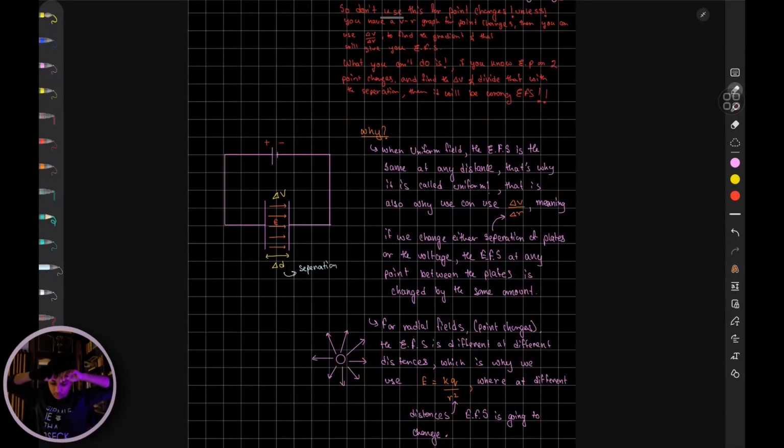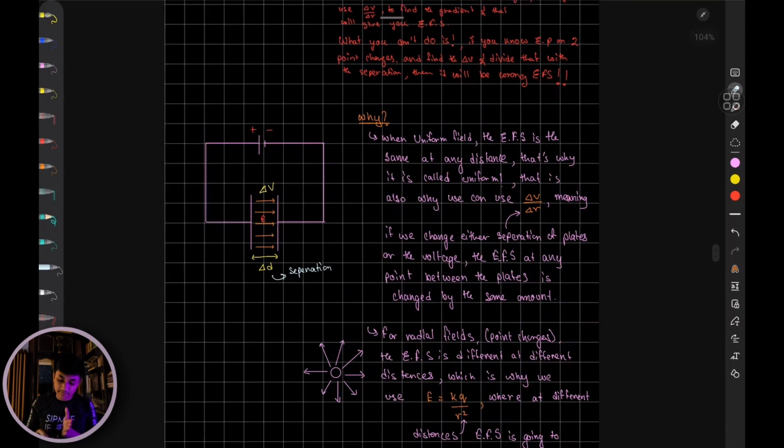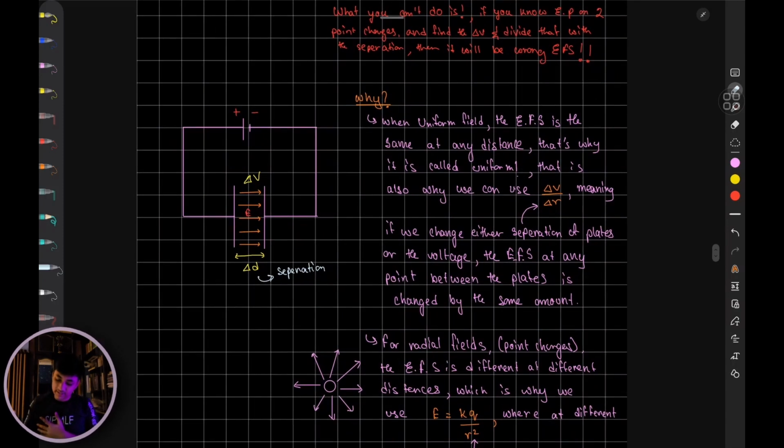In uniform fields, the electric field strength is the same at any distance, as said before. That's why it is called uniform. That is also why we can use del V by del R. This is the important part: if we change either the voltage across the plates or the separation, either of those is going to change your electric field strength.